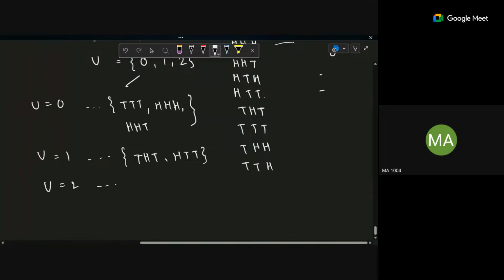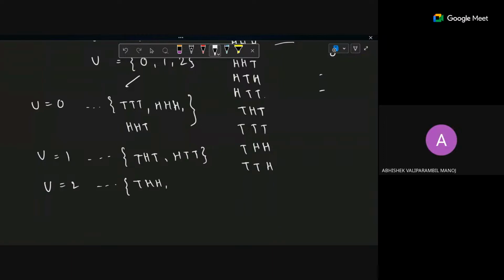The remaining cases: THH will work, number of heads 2 and number of tails in the first 2 tosses is 1, right? HTH, and TTH. Nothing is repeating and nothing is missing. So these are all your possible outcomes.